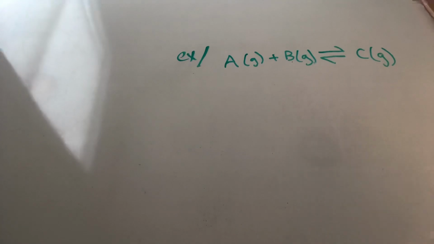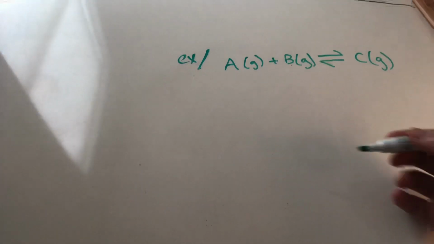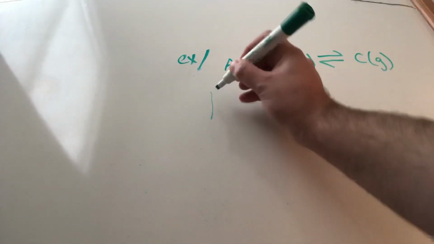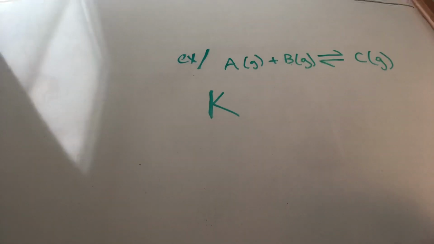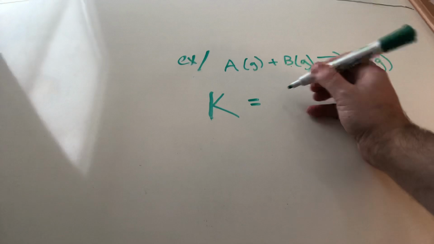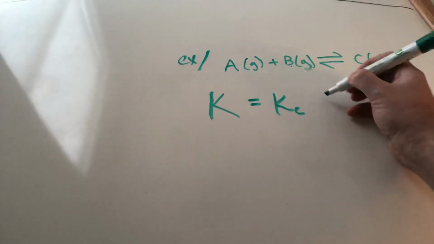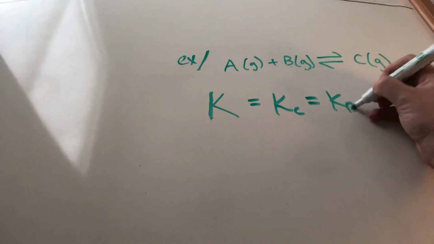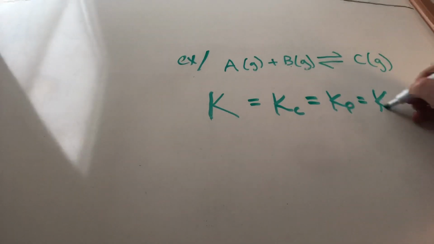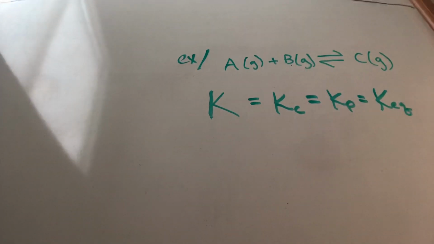So what's held constant at equilibrium? What's held constant is this thing that we're going to call K. And this is the equilibrium constant, right? Now you might see this labeled as a Kc. When we use pressures, we'll label it as a Kp, and you might see it labeled as a Keq, okay? All of these mean the same thing, right?